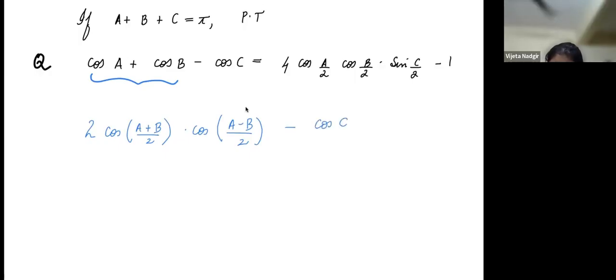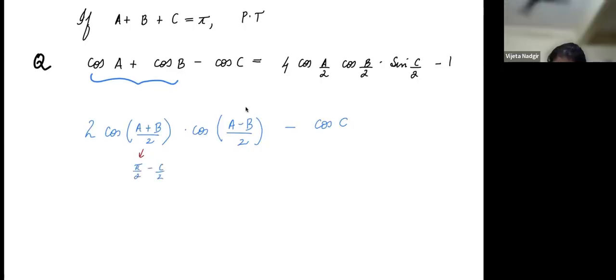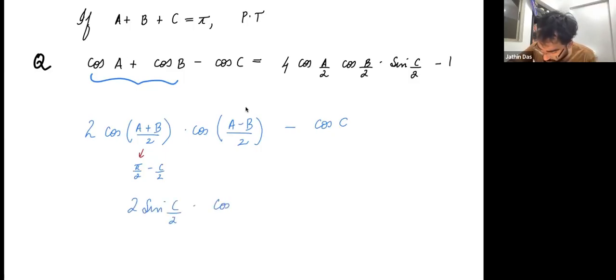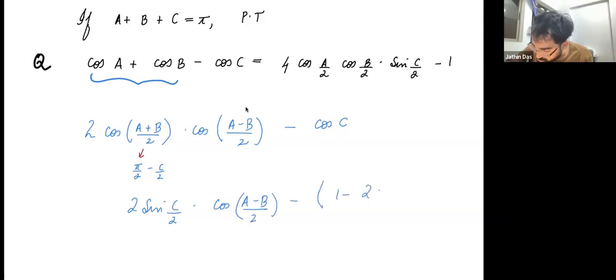So this you wrote as sine, because this will be pi by 2 minus C by 2. Correct? So 2 sine C by 2 into cos (A minus B) by 2. And cos, I'll write as 1 minus 2 sine square C by 2.